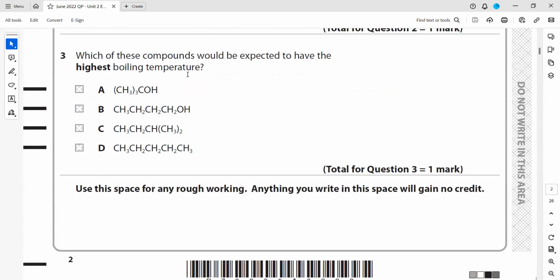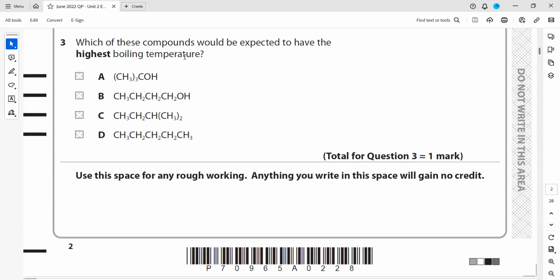Which of these compounds could be expected to have the highest boiling point? The boiling point first depends on the intermolecular force. So with OH and OH, you can see they will have a hydrogen. They will have dipole, induced dipole force, or London dispersion forces, which are always there because of the electrons. But then we check for any other major force, so hydrogen bond is there. Another thing, the boiling point depends on the chain length.